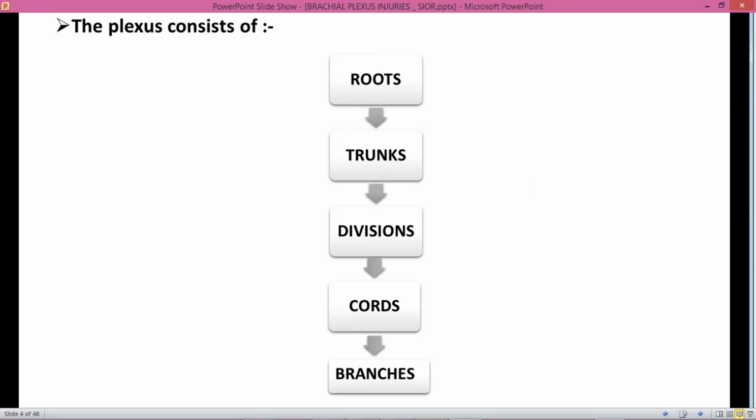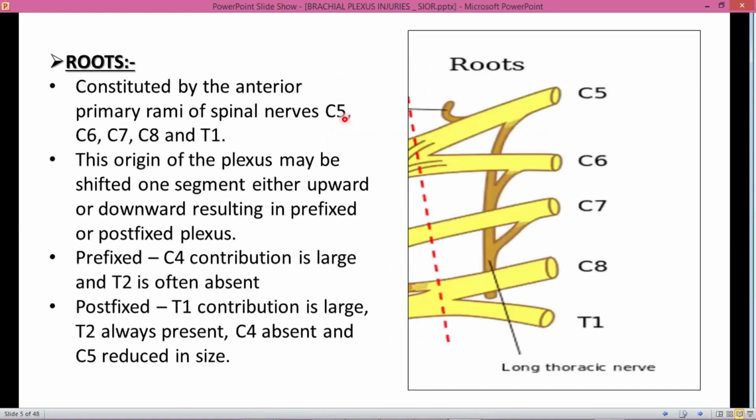So overall, the plexus consists of roots, trunks, divisions, cords, and branches. Now the roots are constituted by the anterior primary rami of spinal nerves C5, C6, C7, C8, and T1.